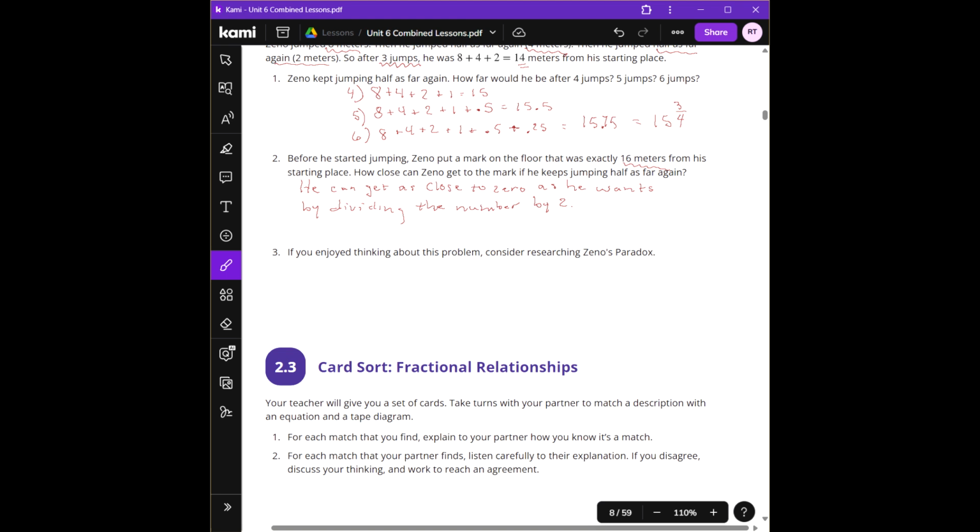Now, if you enjoyed thinking about this problem, consider researching Zeno's paradox. Hey, you can do this if you want, but you don't have to.